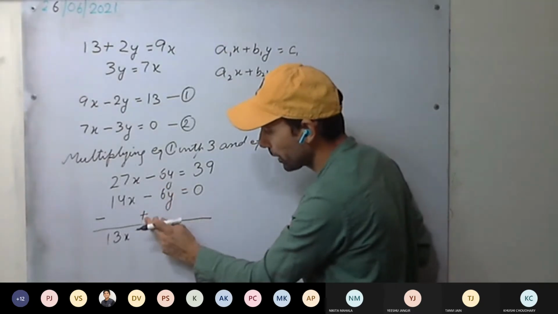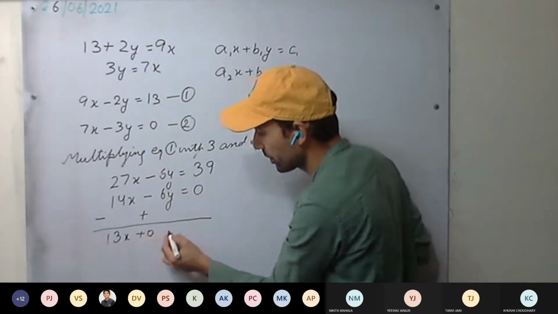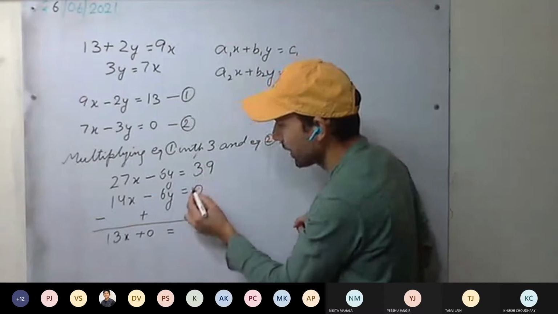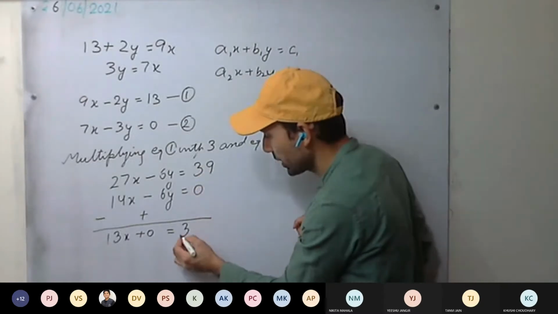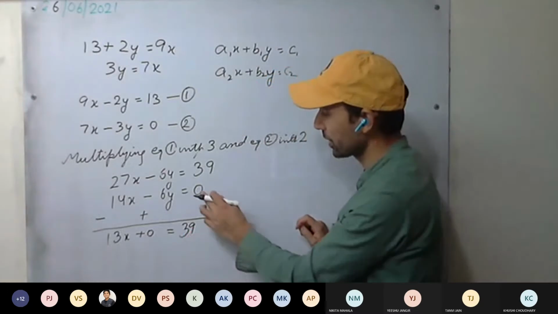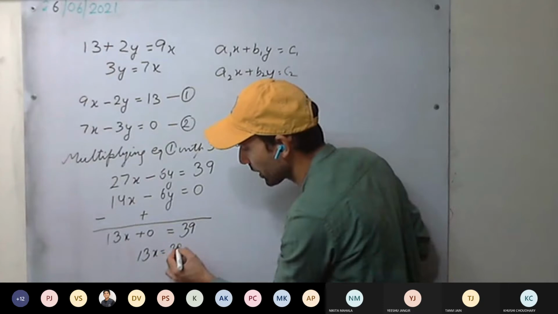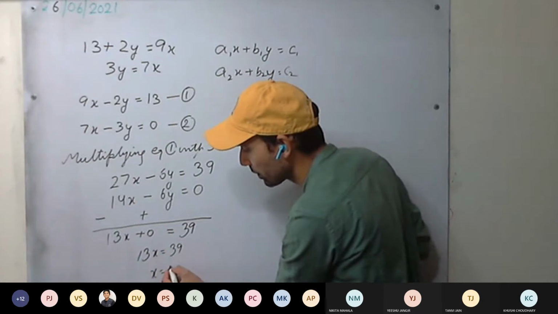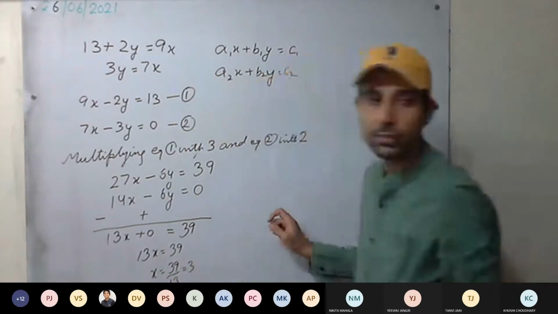Minus 6y plus 6y, how much will it be? 0. And 39 minus 0, no sense, 39 only it will be. So now 13x equal to 39. x equal to 39 divided by 13, that is 3. Have you understood this one?